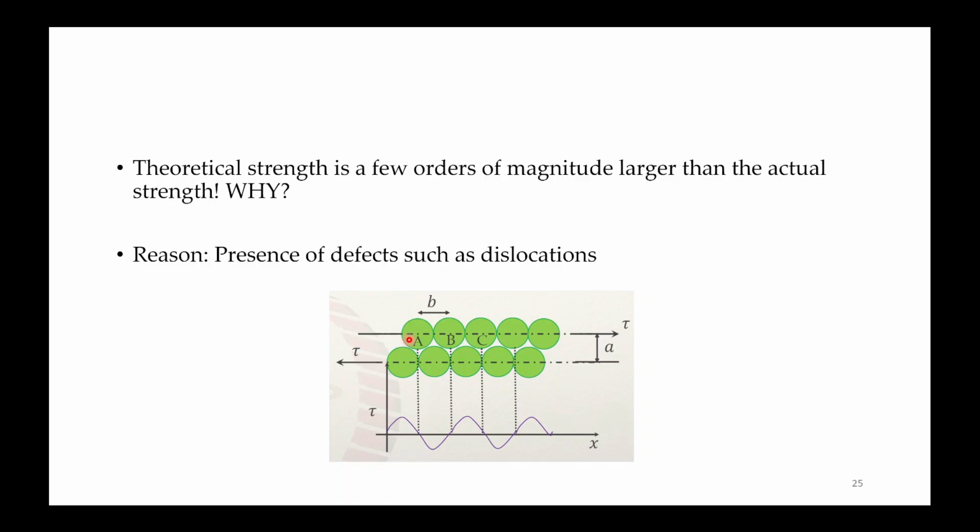So for mechanical properties, for example tensile strength or some other strength, different directions will give different properties.